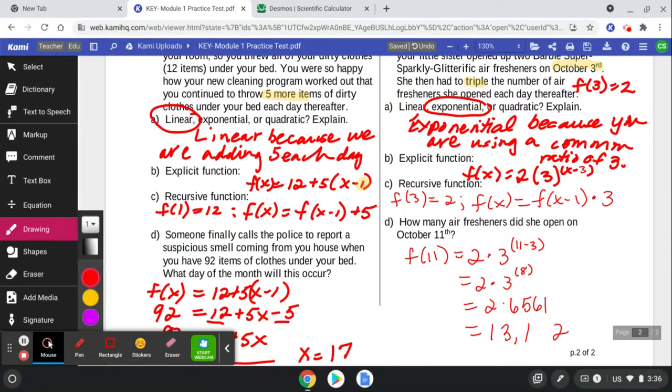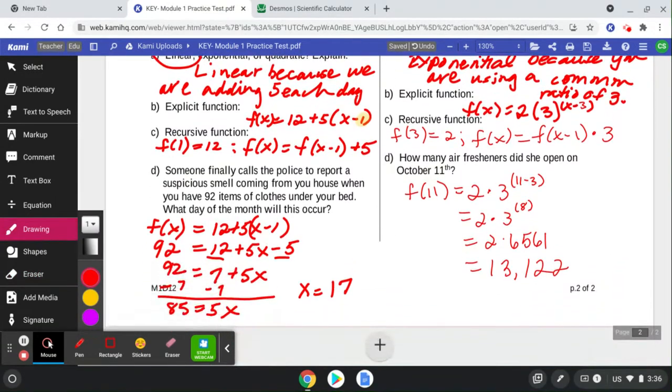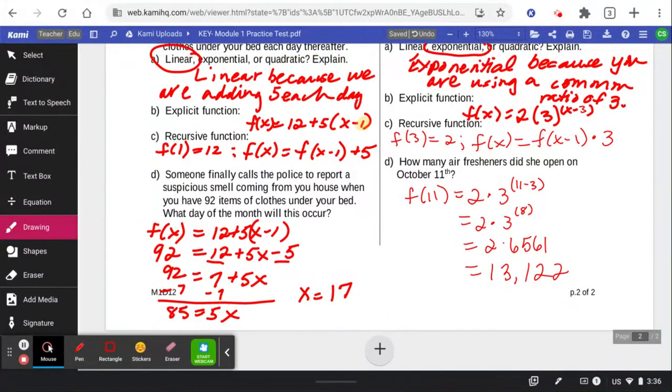Now for both these word problems, as practice for the test, they're going to want you to write a sentence for your answers. So over here, you would say on October 11th, she opened 13,122 air fresheners.